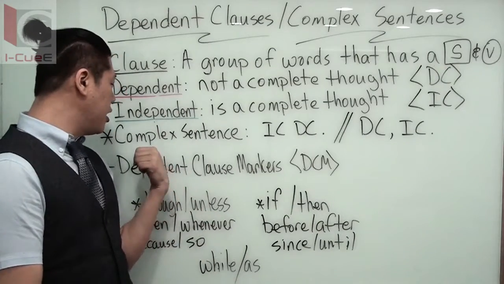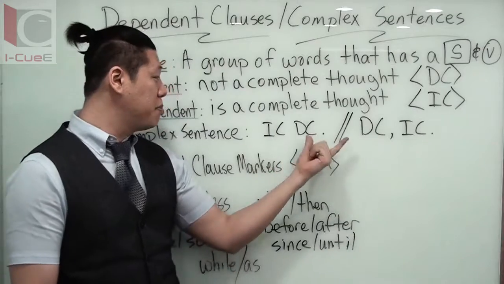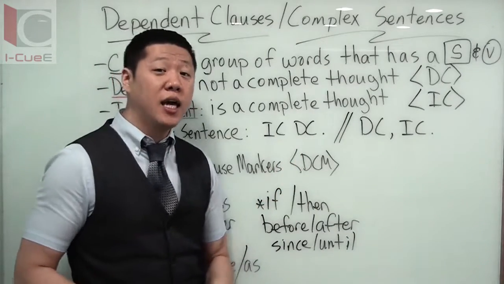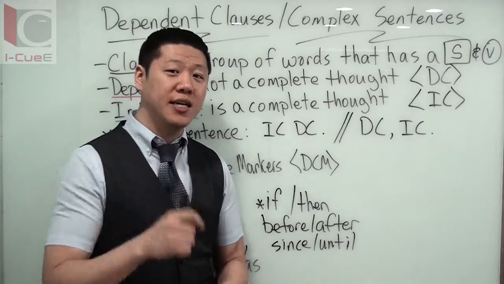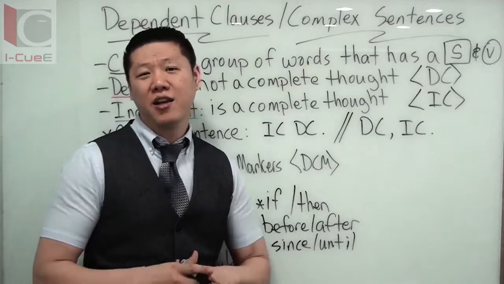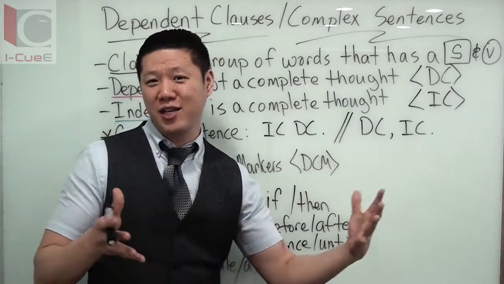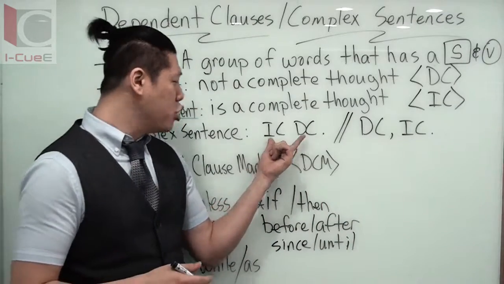This next part here, complex sentence. We're going to look at some examples soon, but here is how we make a complex sentence. You need to have at least one independent clause and at least one dependent clause. Later we can talk about how to have more clauses and still make it complex, but there are two patterns.